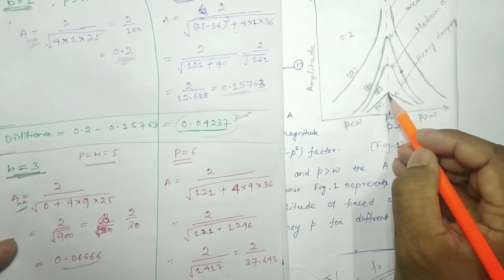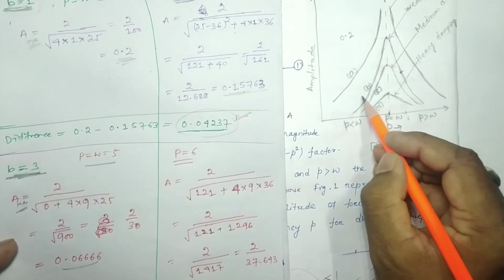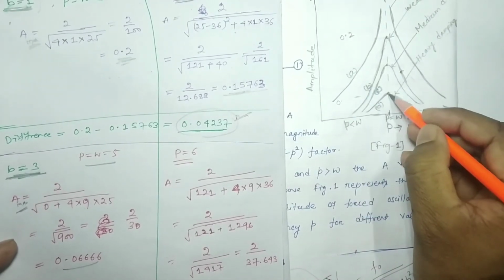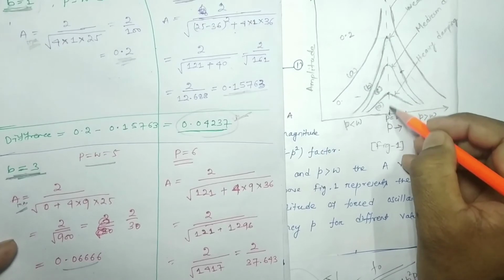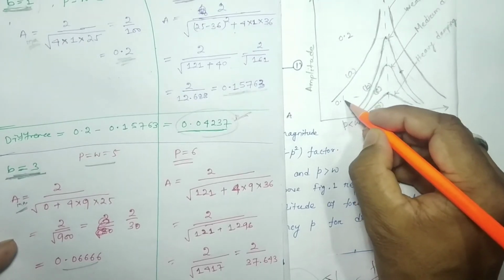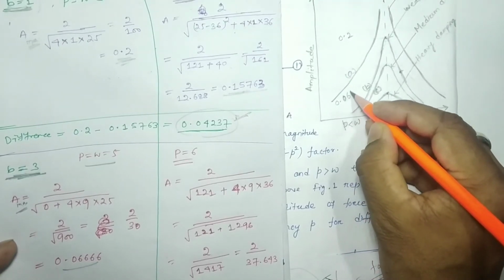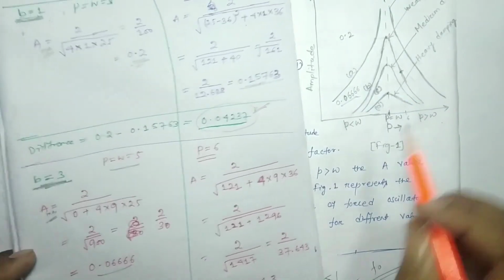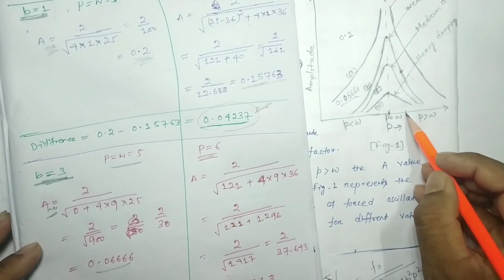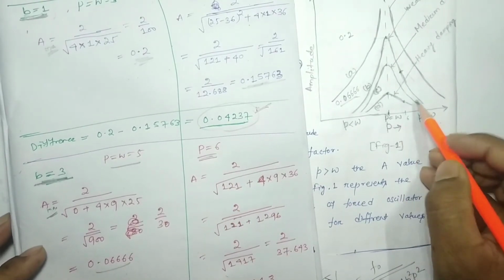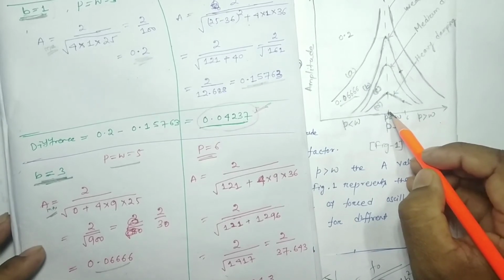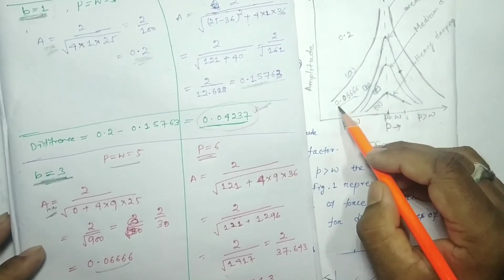That means from here to here, this amplitude is 0.0666. Okay, so for P equal to 6, initially at resonance the maximum amplitude was this one.